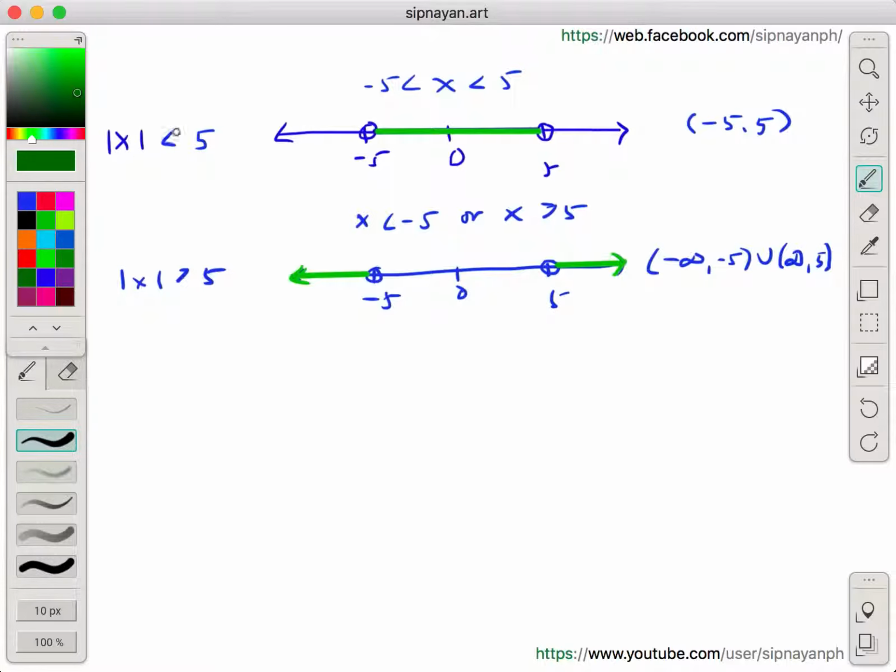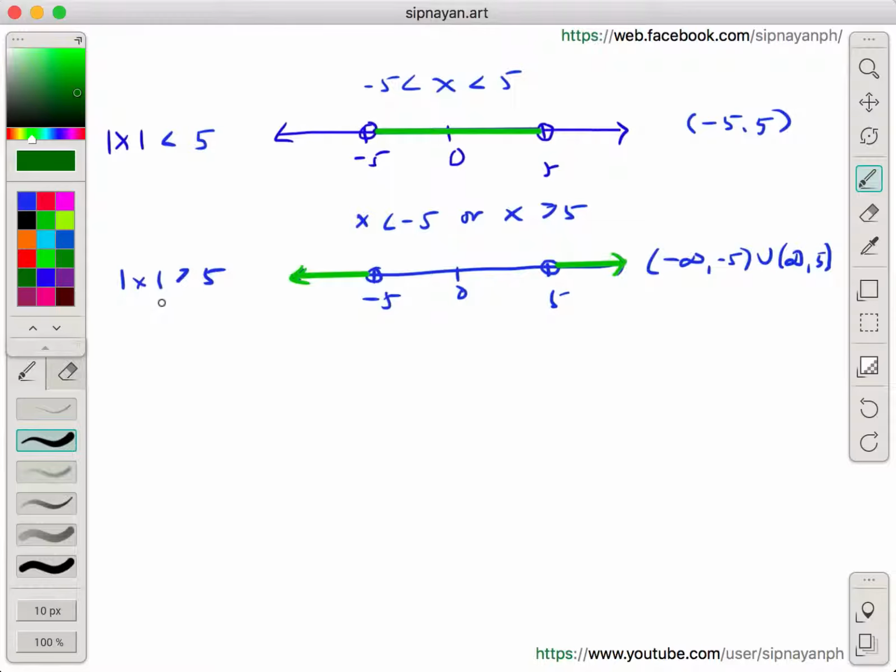So when the distance from 0 is less than 5, it is only here. For example, this part is maybe 4 point something, so it is less than 5. Same here, the distance from 0 is less than 5. So basically, this is the solution set. All of those points have a distance from 0 that is less than 5.